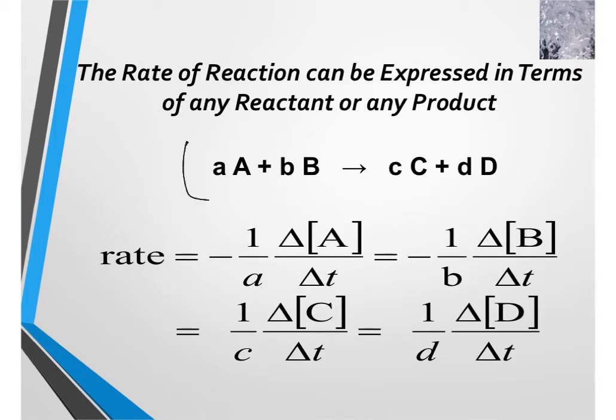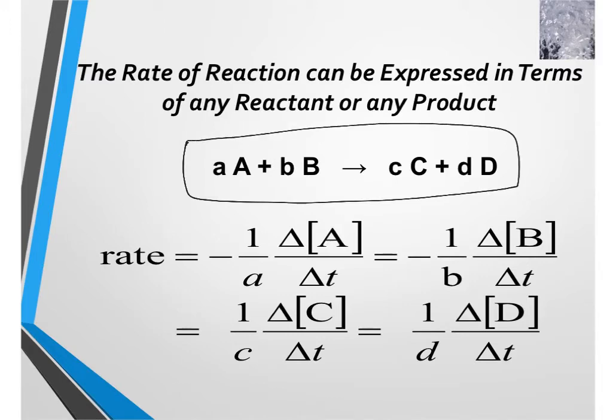So just telling you generically, this will be the first challenge for you in this chapter, and that is expressing the rate of reaction in terms of any of the reactants or any of the products, and then comparing the relative rates of the appearance and or disappearance of any of them to each other.